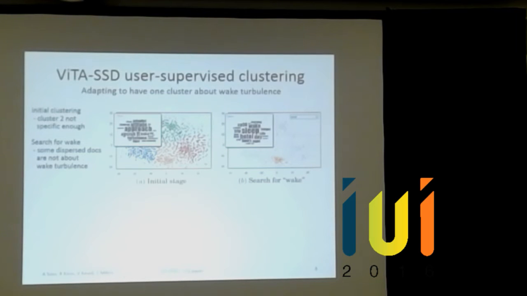So how does the supervised clustering work? The user is now focused on this wake turbulence result and sees that in cluster 2 there are documents about this type of incident. The user performs a search on wake and finds in the second pane of the dashboard that there are wake documents that are spread in other clusters.